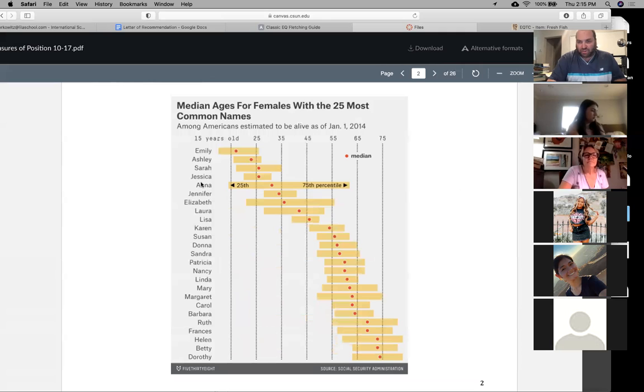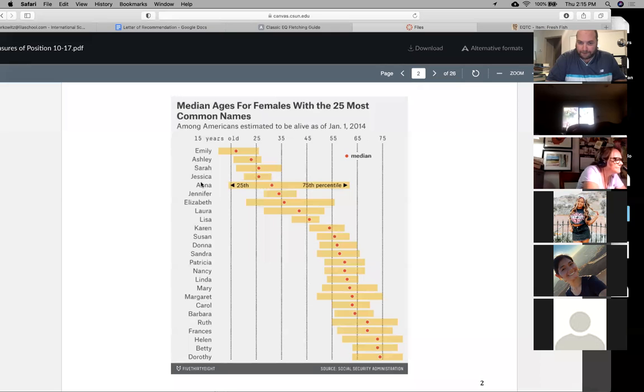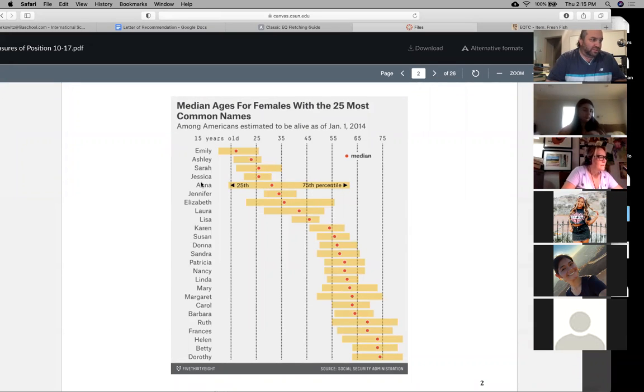So what will be the 25th percentile for Emilys? Roughly. What is the 25th percentile for Emilys? Maybe like 2? What age is the left edge of the box? Oh, 15? I don't think 15 is the left edge of the box. Maybe 5.